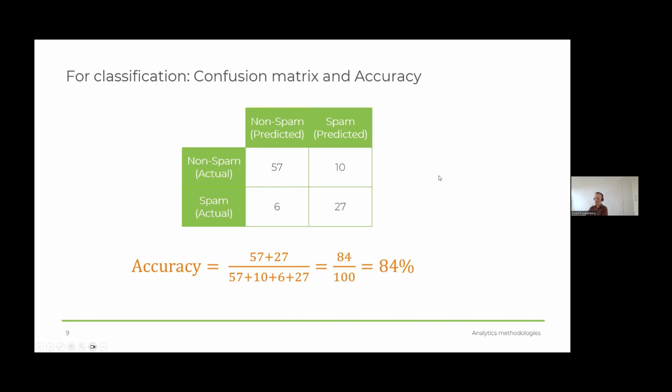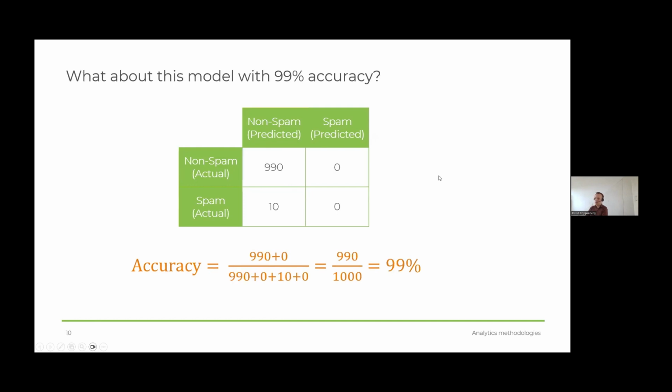This sounds really nice. Unfortunately, there is a pitfall with this KPI. For example, if you have an imbalanced data set, meaning that you have, for example, way more positives in your training set than negatives, this metric can be misleading because, for example, in this case, you can see we classified 990 emails as non-spam, but only classified 10 emails as spam, but all of those were actually wrongly classified.